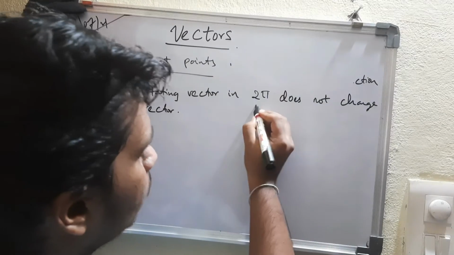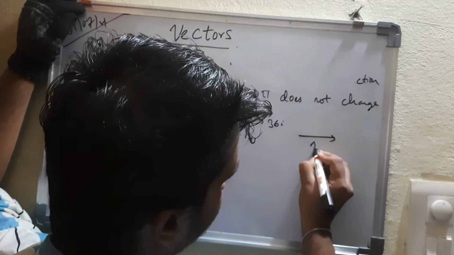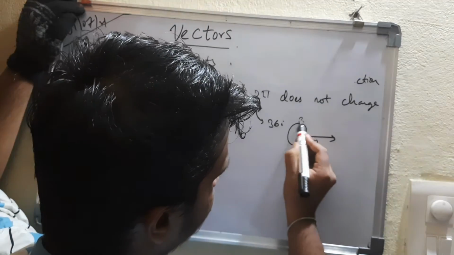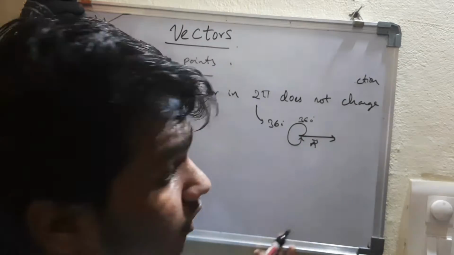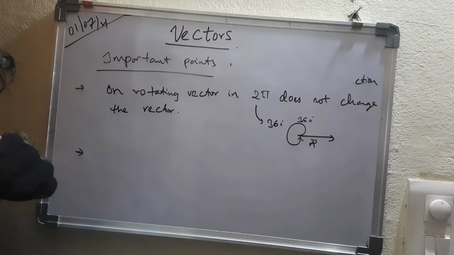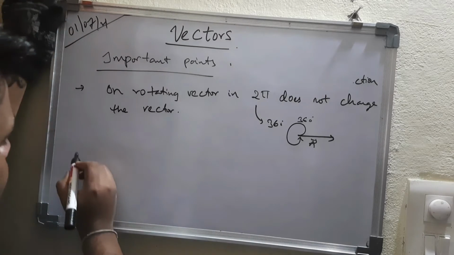That is, 2 pi is 360 degrees. So this is a vector A, and rotating it 360 degrees does not change the vector, okay. And the main important point is this point will repeat in every part of the lesson.